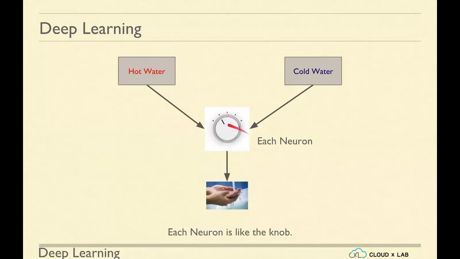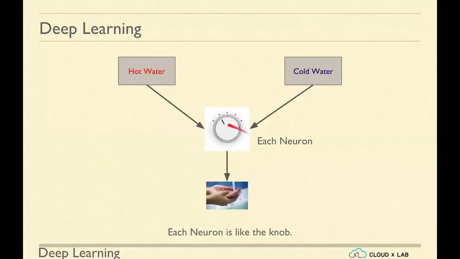Okay, I hope this example is clear, that there are two inputs to our knob, and we are tweaking the neuron. This is where the algorithm comes into play, that we tweak the knob such that our output is right. And there are multiple algorithms that tweak it.